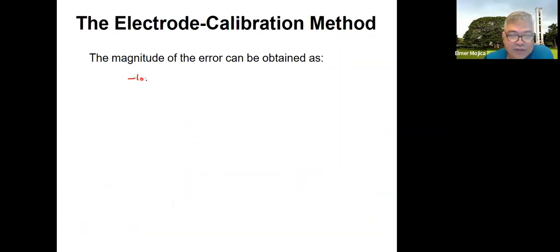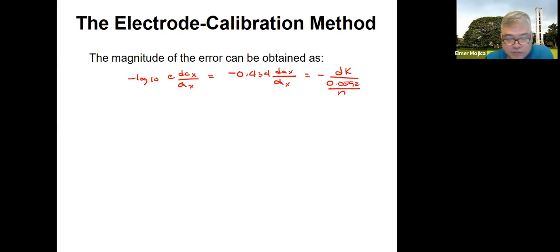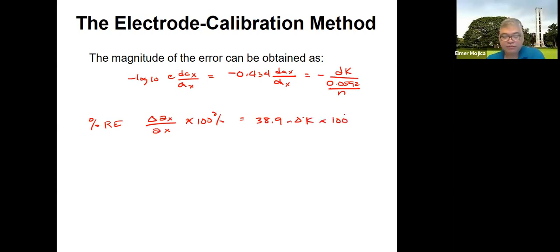Okay, so you can look at the magnitude of the error here as log of 10 to the E, dAx over Ax, minus 0.44 dAx of X. So if you're going to look at the percent relative error, so for every change in the activity that you have there, times 100%, that is around 38.9 N, times 100.